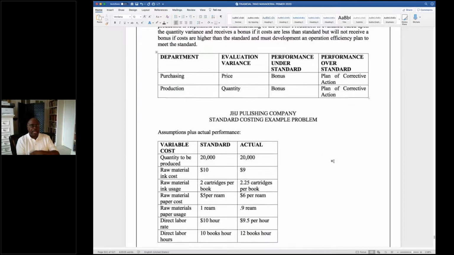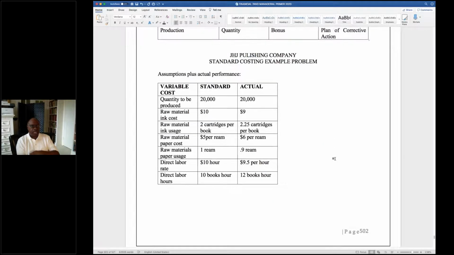So let's look at this table for an example. Suppose we're supposed to produce 20,000 books. The raw materials: ink was supposed to be $10 and 2 ink cartridges. There's supposed to be 1 ream of paper at $10, and the workers were supposed to make 10 books per hour.